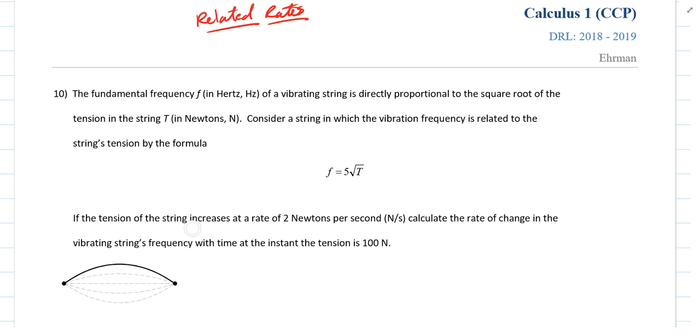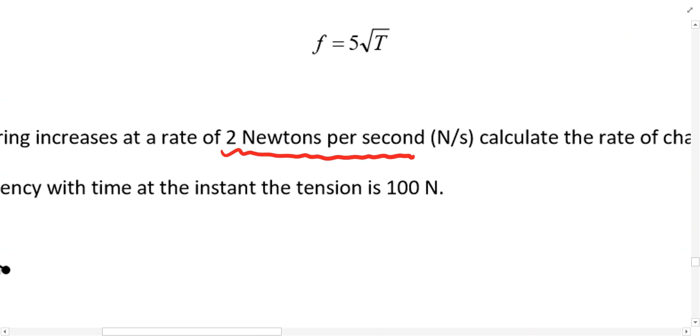We go on to read that the tension of the string is going to increase at a rate of 2 newtons per second. So this is kind of interesting. We're increasing the tension T, so tension T is changing at a rate of 2 newtons per second. So that's a rate dT/dt.